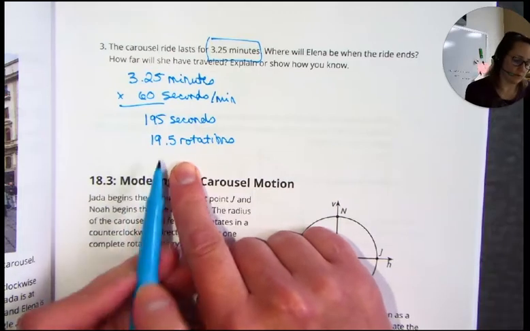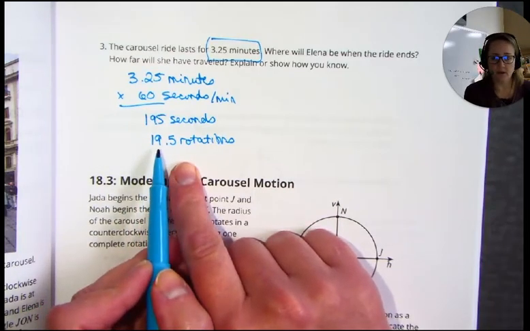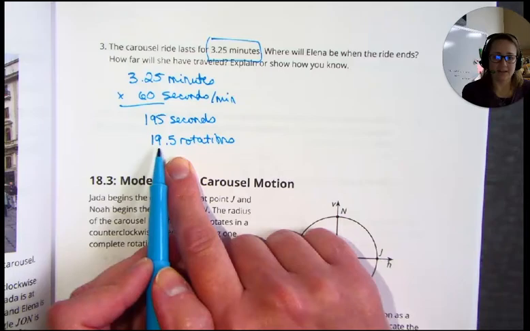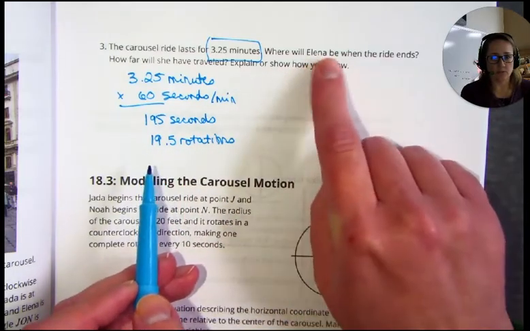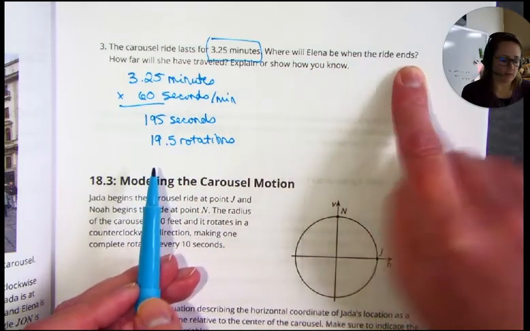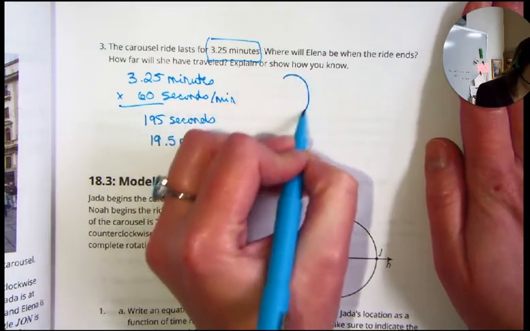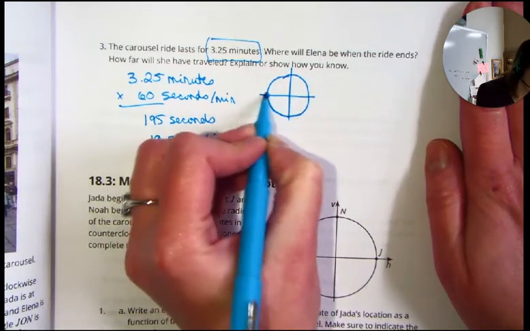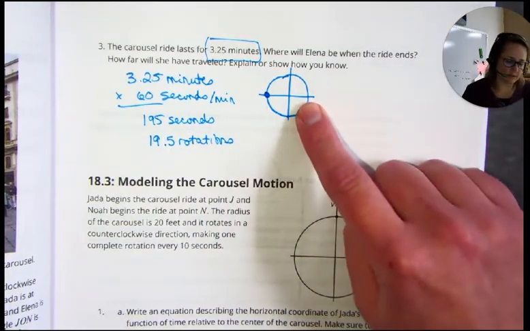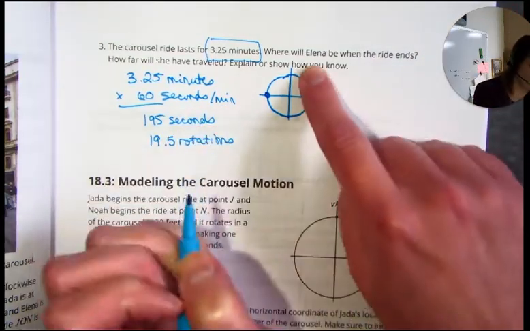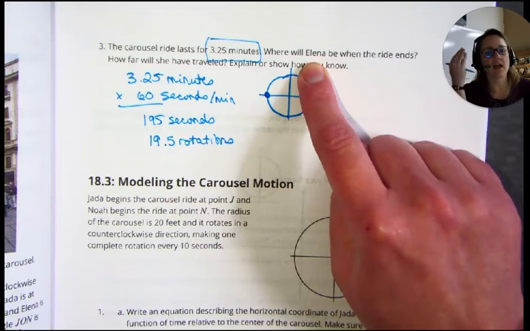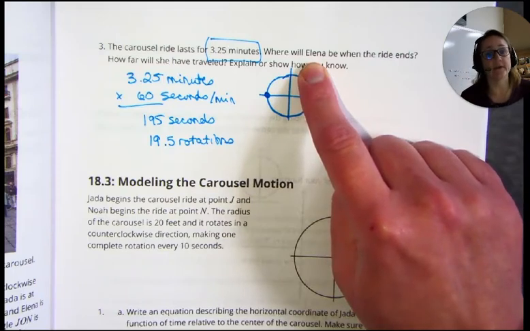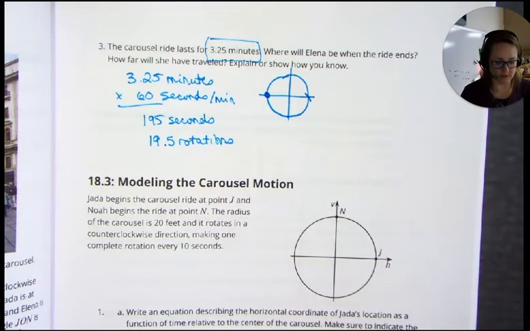Okay, so from here, when she's gone 19 and a half rotations, where will she be at the end of the ride? I'm just going to draw a little picture of this. Right, here's that unit circle. She's going to be right here, because she started here. Oh wait, Elena. Where's Elena going to be? Sorry, let me change colors. Thank goodness I read that.